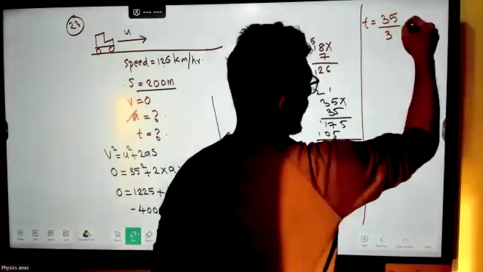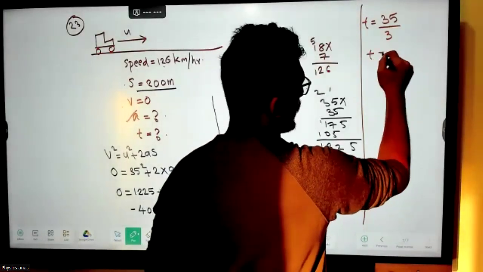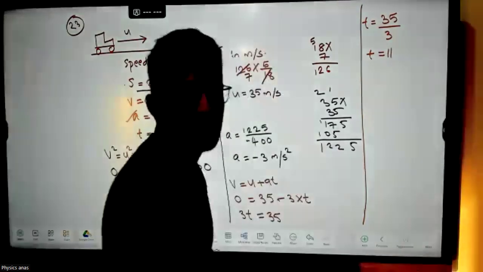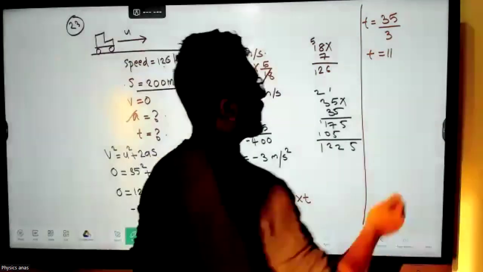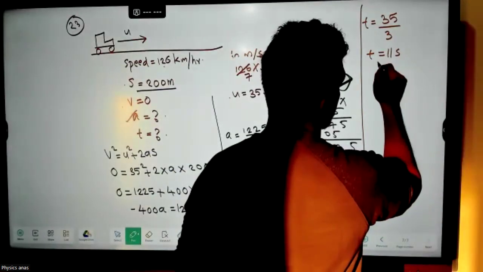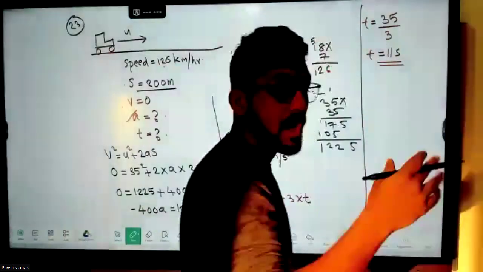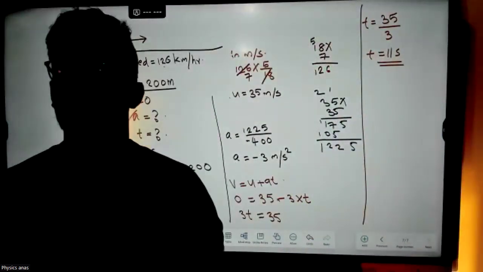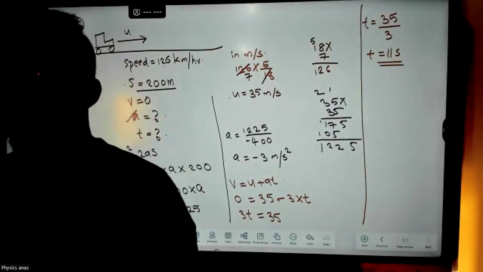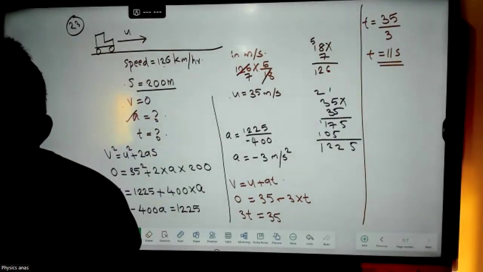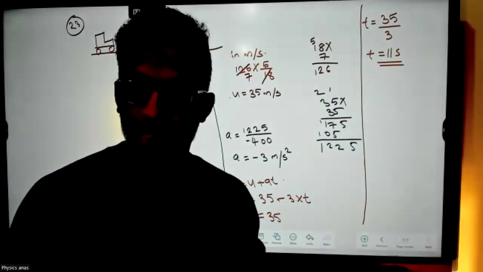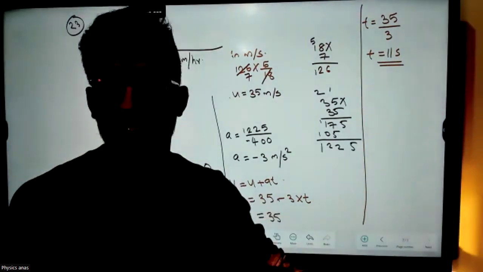So T will be 11 point something. I am not taking the point decimal, and rounding it off, I'm taking just 11. So T will be what? 11 seconds. Within 11 seconds, the vehicle will come to a stop.